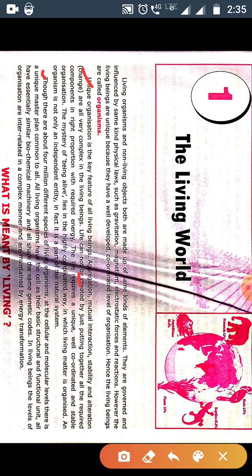All have essentially similar biochemical machinery and all share the same genetic codes. In living beings, the levels of organization are interrelated in a complex manner and are maintained by energy transformation.